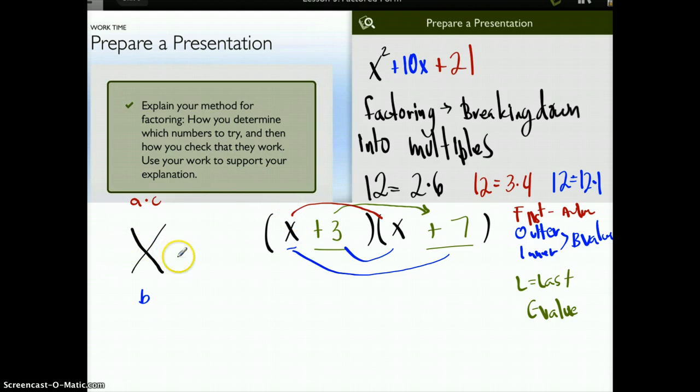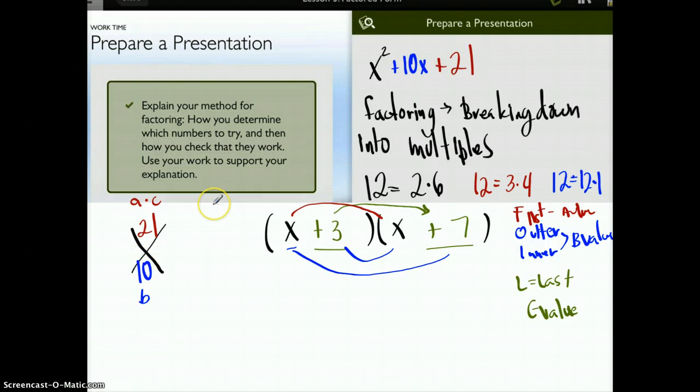Now the reason why I do it this way is because it allows us to get the multiplication part and the adding part. The adding part is going to be when I add these two together, because these two middle terms will be like terms. I have 3x and 7x. I have to be able to add those two together. So these two numbers, in this case, we have 21 on top and 10 on the bottom.